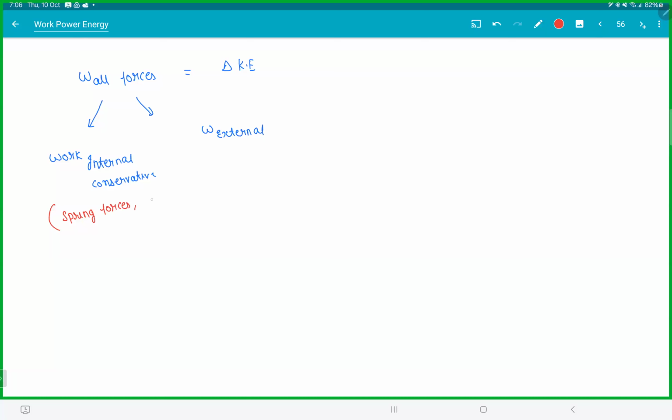Spring forces, gravitational forces, electrostatic. This is what we take as conservative here. When I say external forces: friction, air resistance, or any other force that you apply from outside.